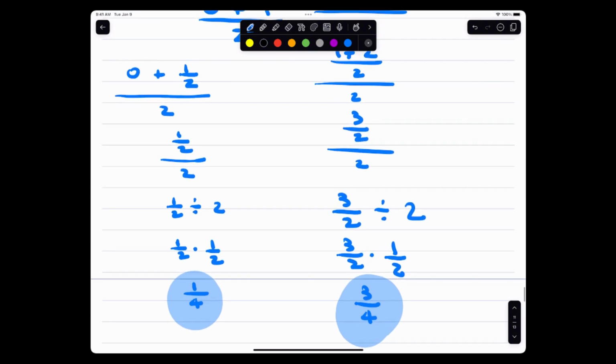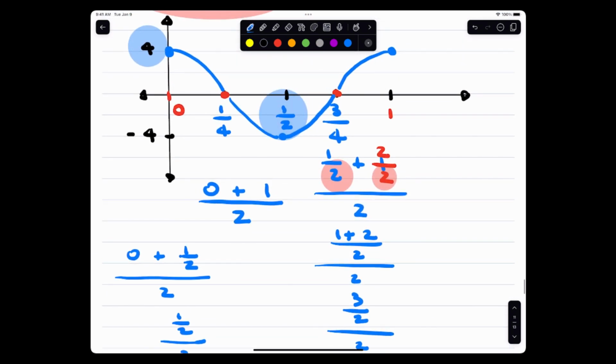There it is, 3/4. This is arithmetic, ladies and gentlemen, with fractions here.